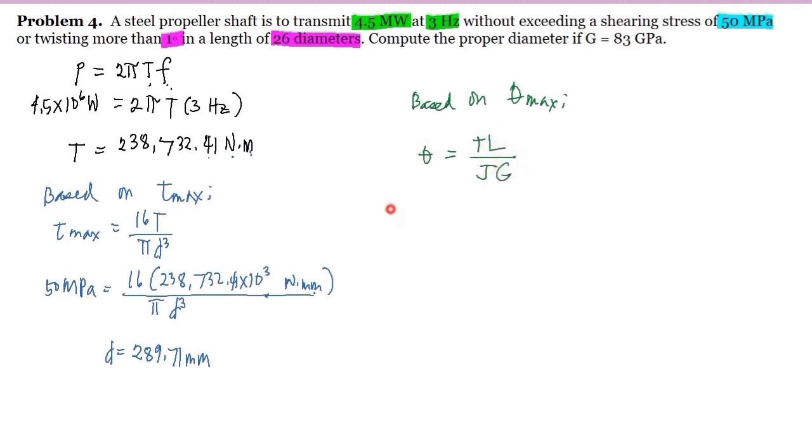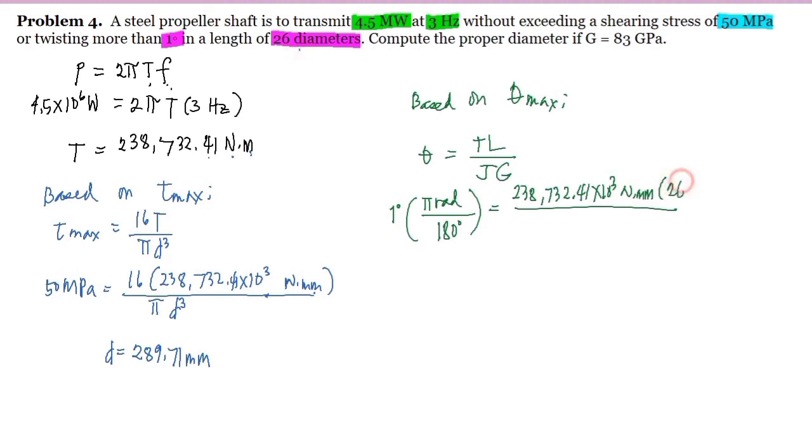So we have 1 degree for the angle, and we convert that into radian: pi radian over 180 degrees is equal to the torque, 238,732.41 times 10 to the 3 Newton mm, multiplied by the length. According to the problem, the length is 26 times diameter, so it is 26d.